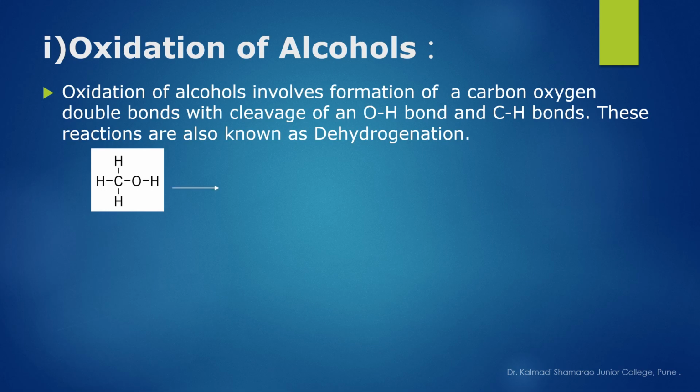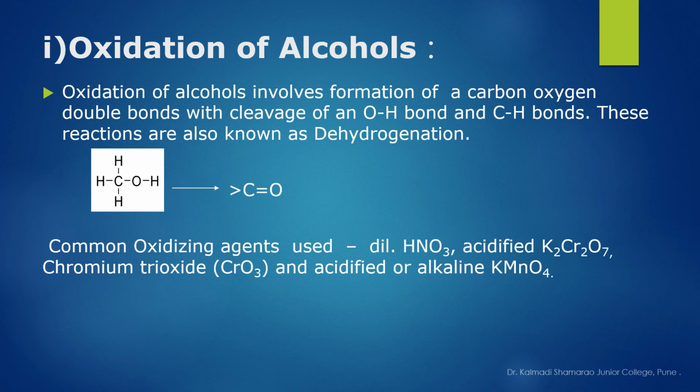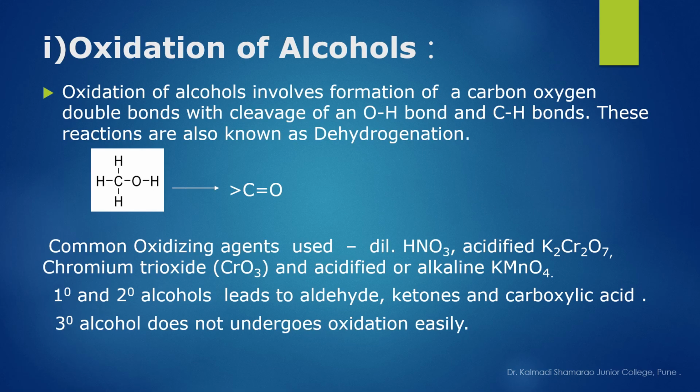Alcohols can be oxidized by using common oxidizing agents like dilute HNO3, acidified K2Cr2O7 potassium dichromate, chromium trioxide CrO3, and acidified or alkaline KMnO4. Oxidation of primary and secondary alcohol leads to the formation of aldehydes, ketones, and carboxylic acids, while tertiary alcohol does not undergo oxidation easily.